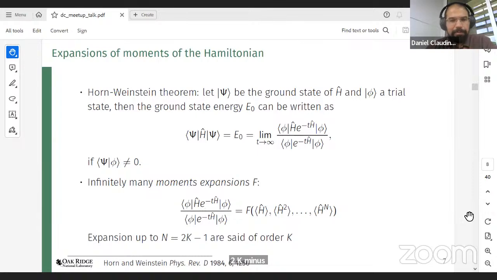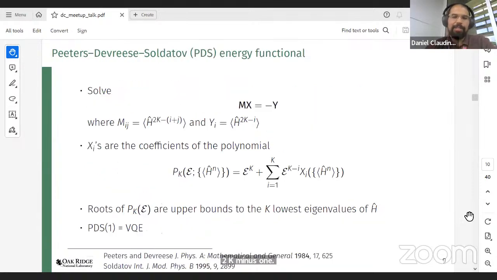power elements. Now the PDS here is, so you still do that. If you say, well, I want, say, PDS2, then you have to do H and H squared and H cubed, and get the expectation value of all these powers of the Hamiltonian. Then you drop them into this matrix M and the vector I, and then you solve this linear system.